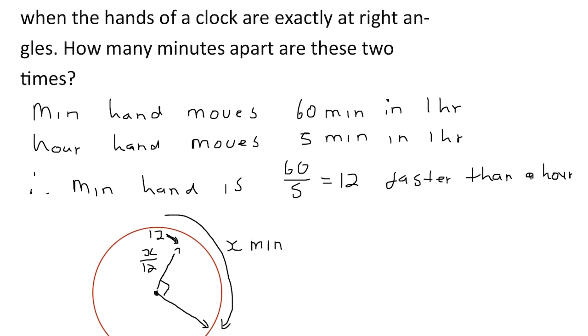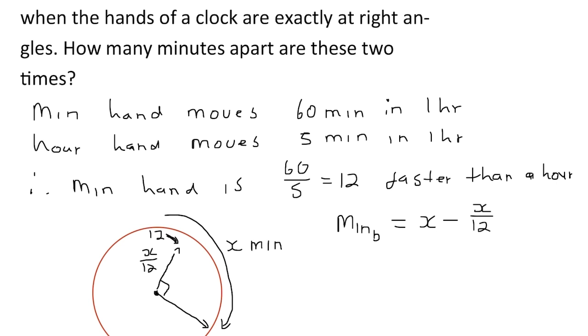And then we can now define the minutes between the minute hand and the hour hand. So the minutes between, I'm just going to say minute with the subscript of B there, the minutes between the minute hand and the hour hand will be equal to x minus x over 12.